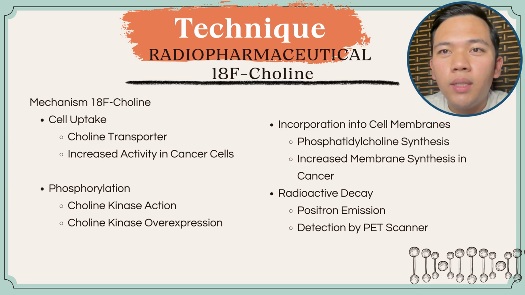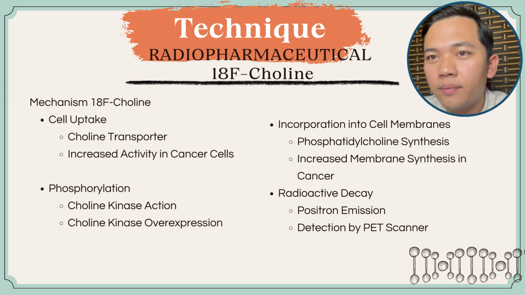Okay, now we will be discussing the radiopharmaceutical 18F choline and its applications in PET CT scans. This technique is particularly useful in imaging certain cancers such as prostate cancer due to its ability to highlight areas of increased cell membrane synthesis.